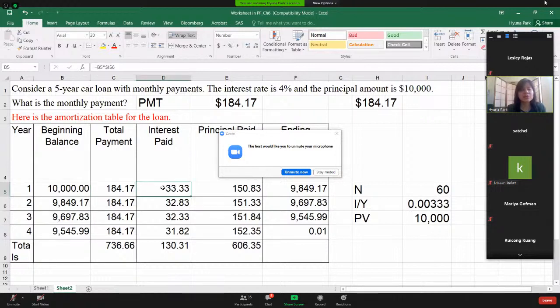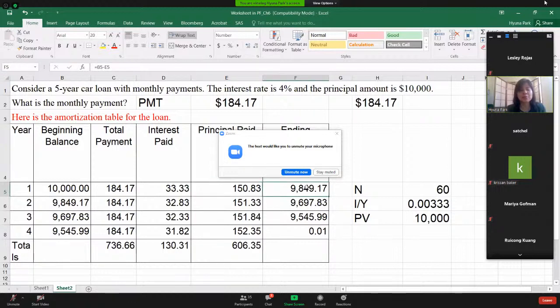And then interest. What's the interest paid? Interest paid out of that $184.17 is the beginning balance multiplied by the interest rate. Good. And the principal paid is the difference.